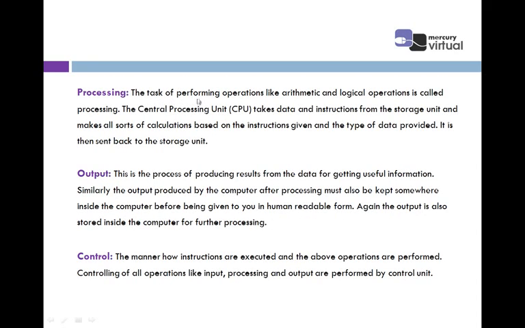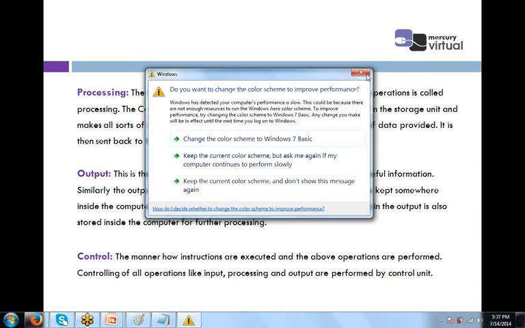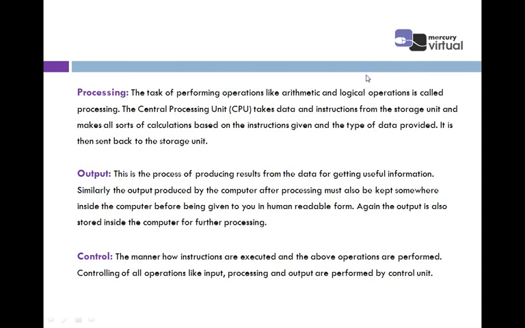The task of performing operations like arithmetic and logical operations is known as processing. Means all the arithmetic operations like plus, minus, divide, multiply, basic operations, and the logical operations, that is less than, greater than, less than equal to, greater than equal to, are known as processing.